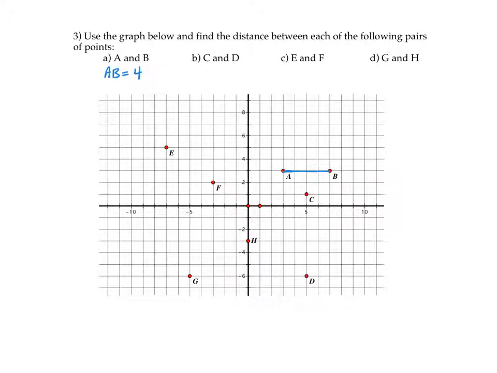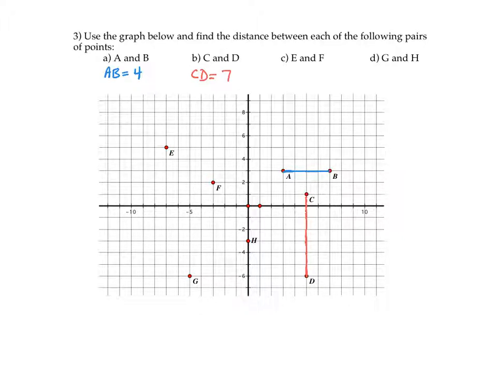Easy enough. Okay, if we try to find the distance between C and D, notice that C and D are on the same vertical line. So in the same way that we found the length of AB, the length of CD can just be found by counting. So we go down 1, 2, 3, 4, 5, 6, 7 units. So CD is 7 units long.